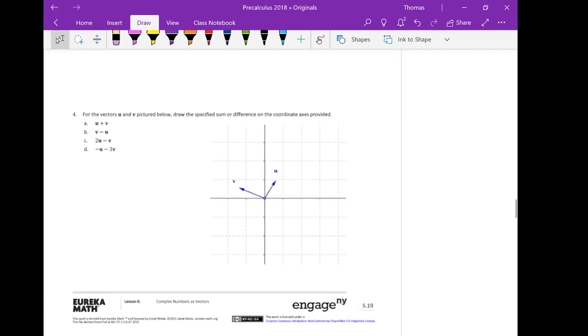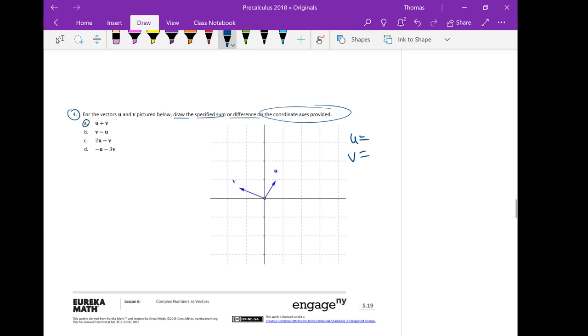For the vectors u and v pictured below, draw the specified sum or difference on the coordinate axis provided. Here we don't have any markings on the axis, so we don't actually know what u and v are equal to like we did before. So it's going to rely on us really just knowing how to do this geometrically. Let's do the first one together.